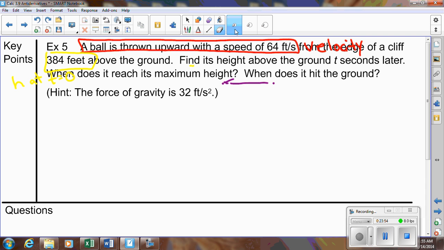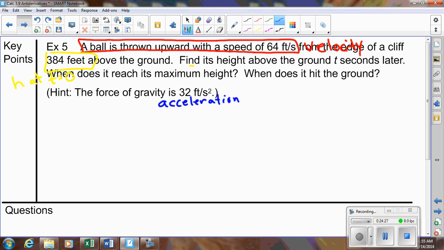The big hint that we have is a piece that, especially for people who are going into physics, or into a lot of pieces with engineering, here's a fact that you'll want to remember. The acceleration of gravity is 32 feet per second squared. What is that? Gravity is acceleration. And so what we're noting is we know what the acceleration already is.